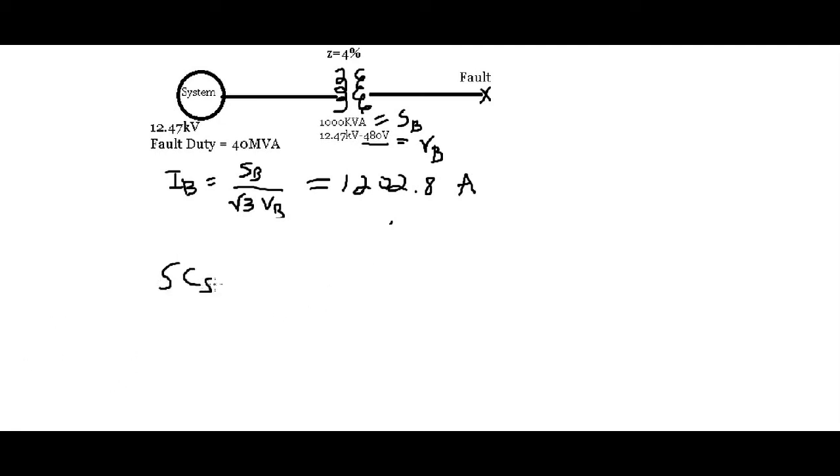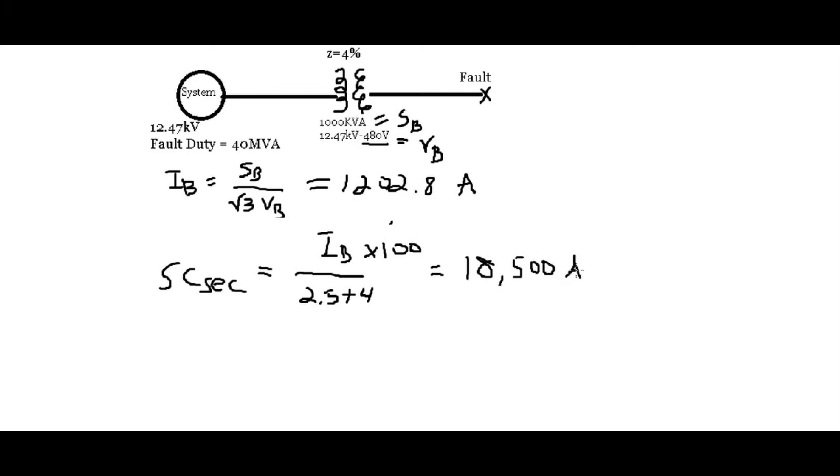So short circuit secondary is equal to I base divided by 2.5 plus the 4% of the transformer, multiply the top by 100, since the bottom two values are a percent, and that is equal to 18,500 amps, and that is answer choice B.